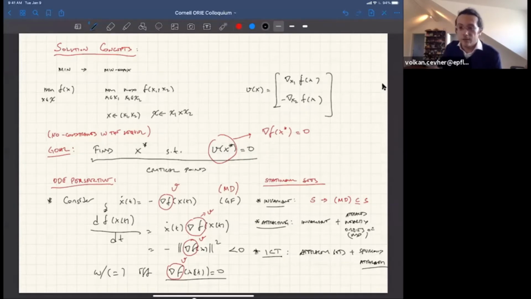Right now, I am sweeping all kinds of formality under the carpet. I think that this by itself is an interesting topic, but given the time limitation, I'm not going to go into formal definitions of these sets.